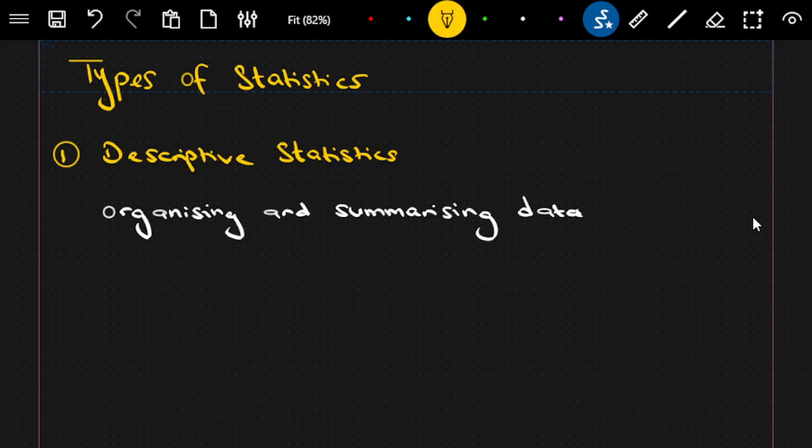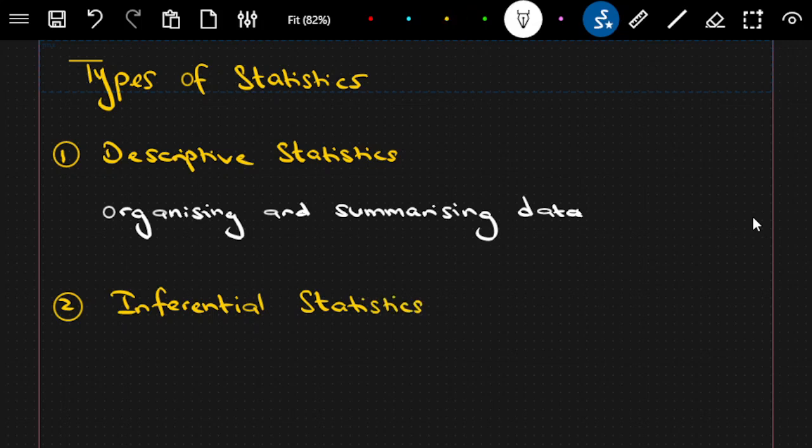Then we have, as we said before, inferential statistics. This is another type of statistics, and this one is a technique where we use the data that we measured to get conclusions.